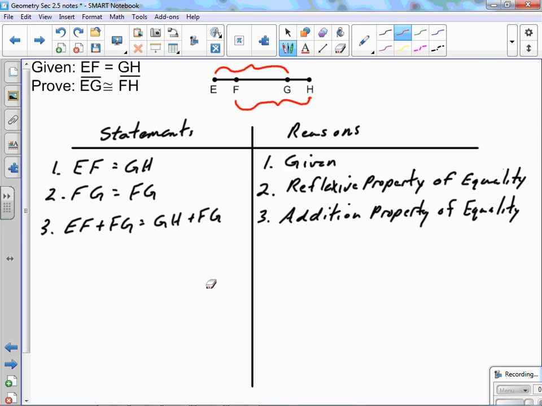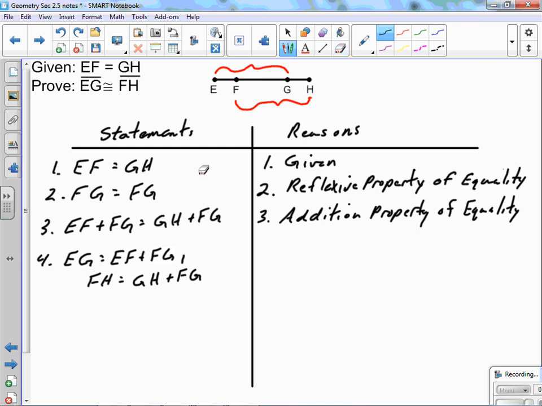So I'm going to come back here to 4 and say EG is equal to EF plus FG, and also FH is equal to GH plus FG.